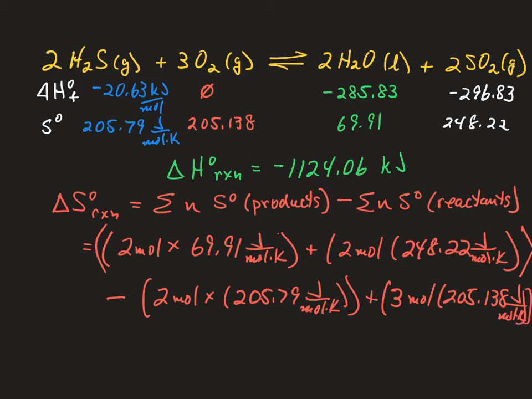And so if we add that up, we get negative 390.734 joules per Kelvin.